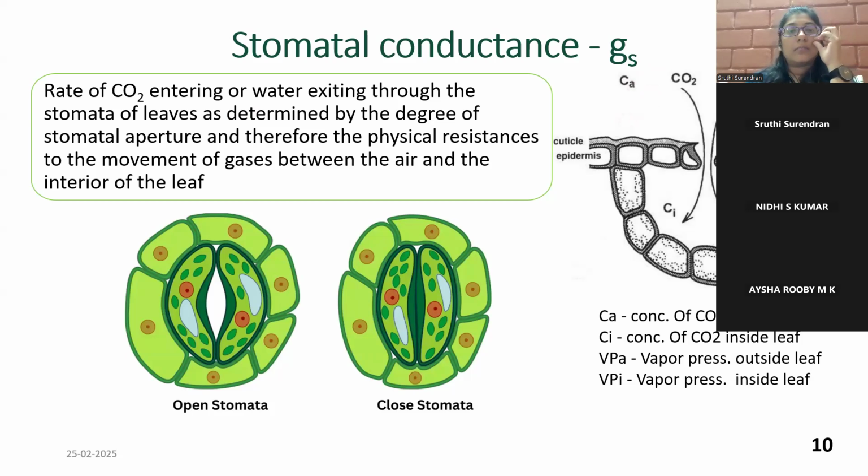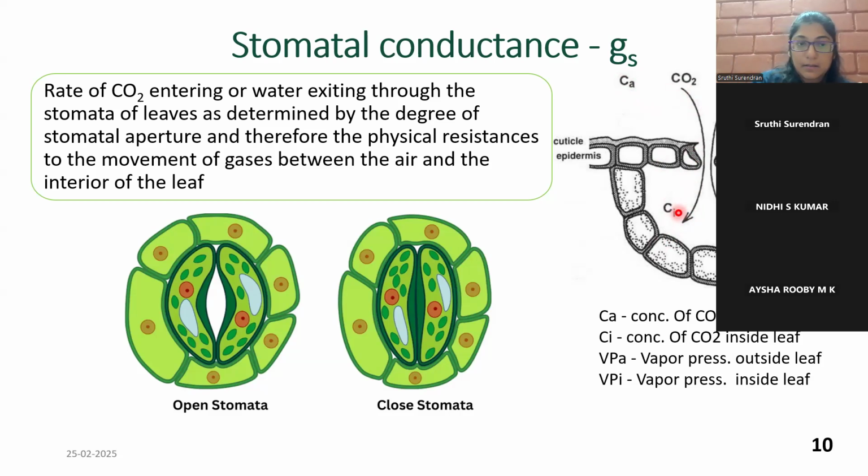Now, the driving force for transpiration is the vapor pressure deficit. So, vapor pressure deficit is nothing but the difference between these two vapor pressures. And carbon dioxide concentration gradient is another factor that determines the entry of carbon dioxide into the leaves, and that gradient is given by the difference of the carbon dioxide concentration here and the carbon dioxide concentration inside the leaf.